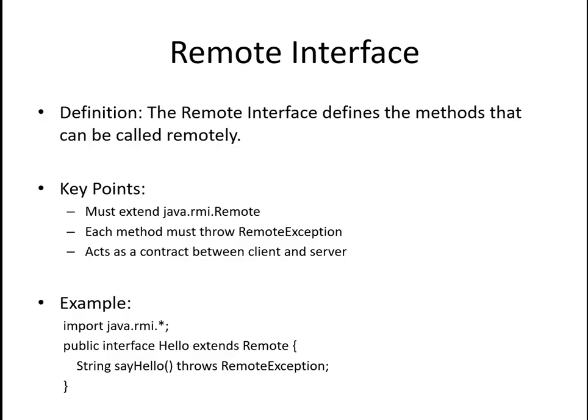So these are all errors that can occur during runtime. To handle such scenarios, I mentioned throws RemoteException. So these are all mandatory things. Whenever you are implementing the remote interface, that interface must extend Remote, and every method must throw RemoteException.